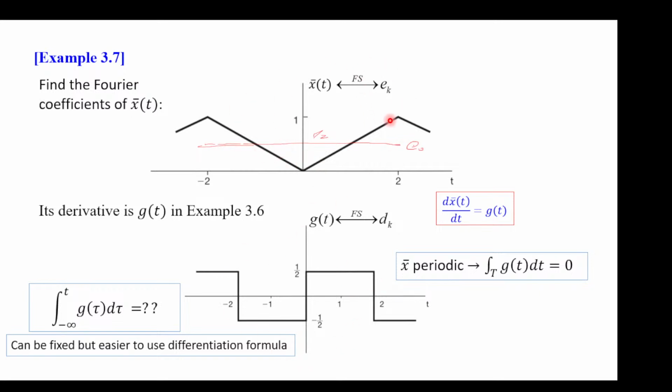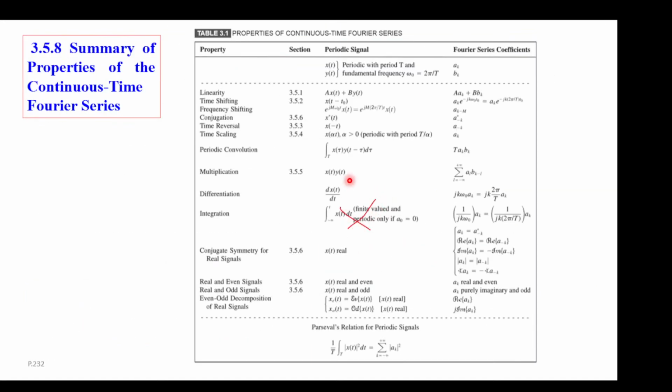So differentiation of this signal becomes this signal. That means you can relate the coefficient of this signal with the coefficient of this signal by the property we have here. The coefficient of the differentiated signal is jk omega naught times the original coefficient.